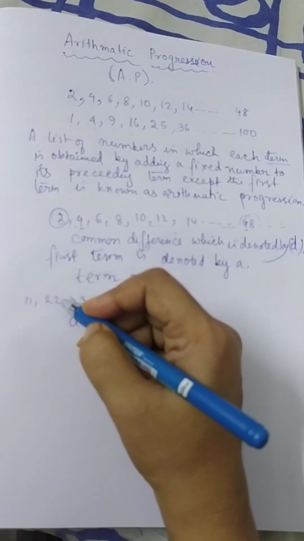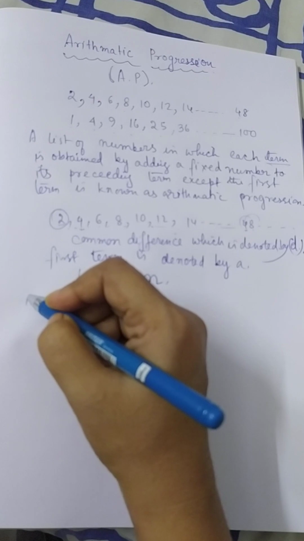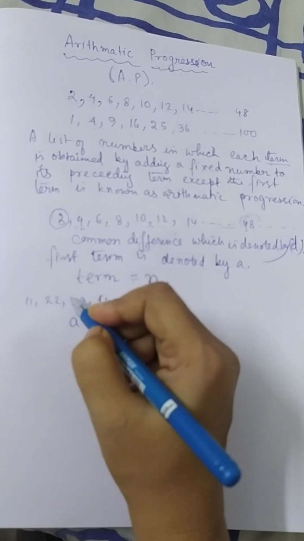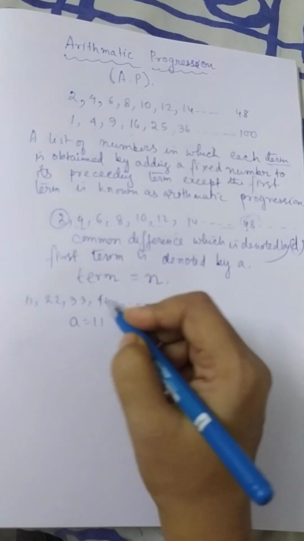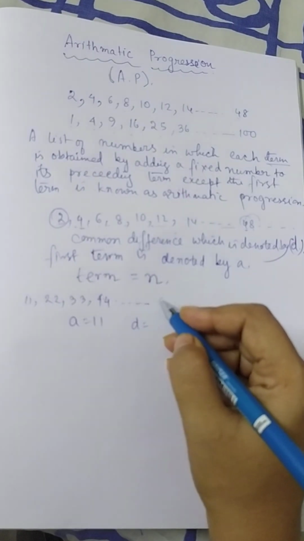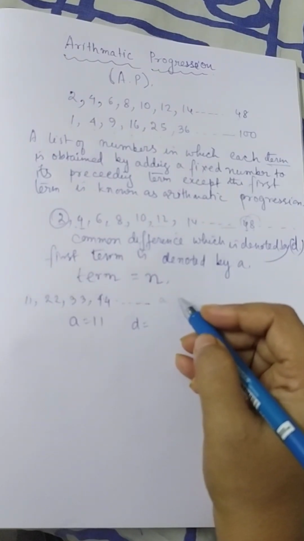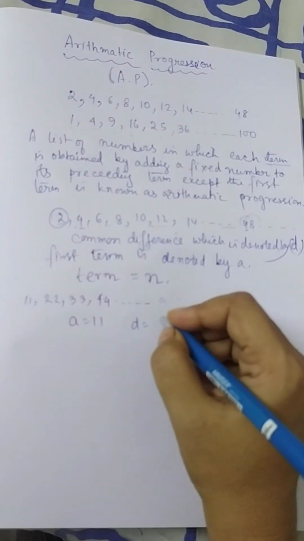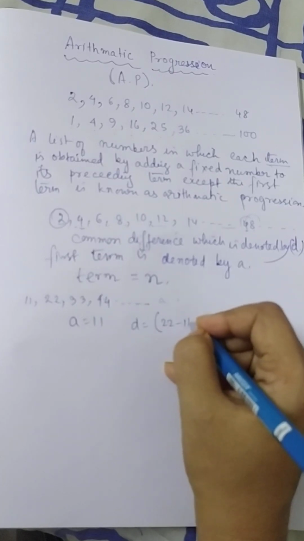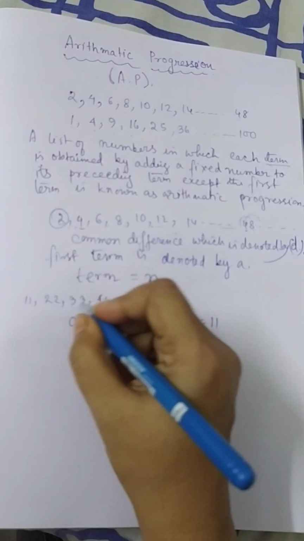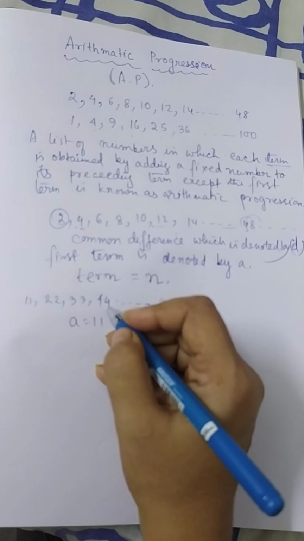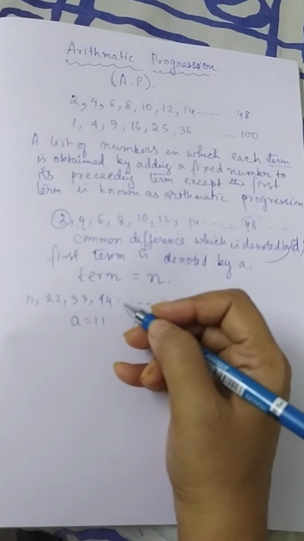That means the second term is A2 and the first term is A1. The third term is A3, fourth term is A4, like that, up to An, that means the number of terms. So common difference is equal to 22 minus 11, that is 11. In every case you check here that the common difference is the same, right?